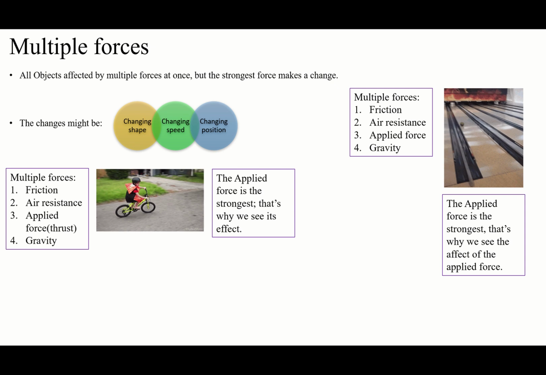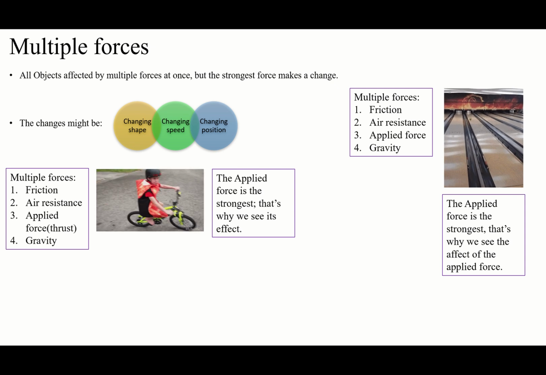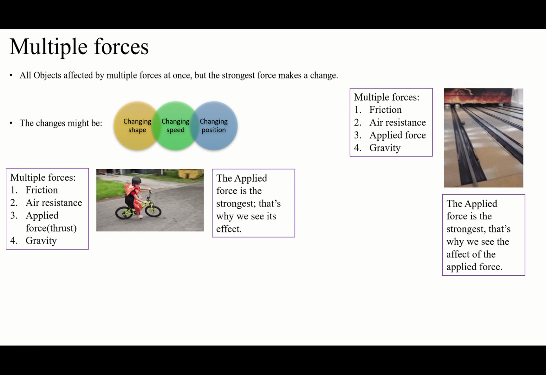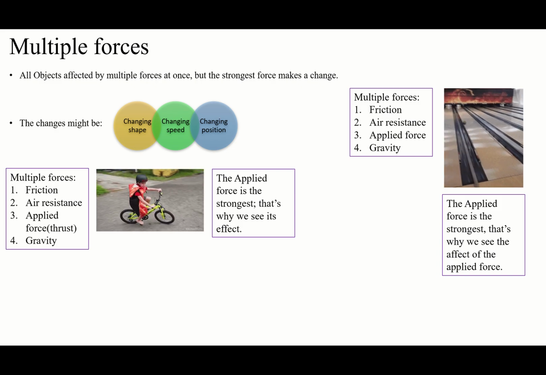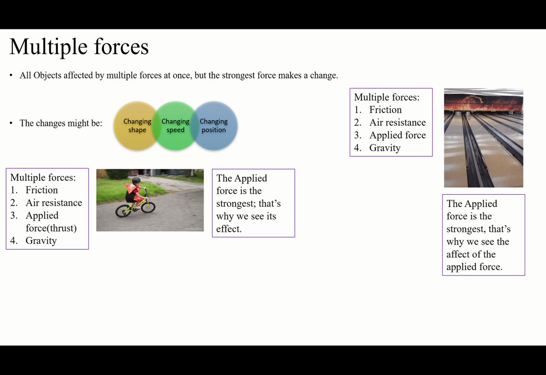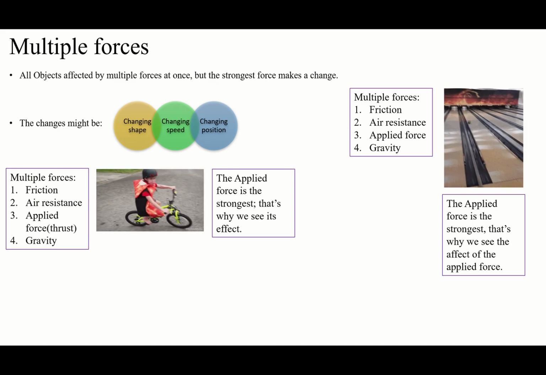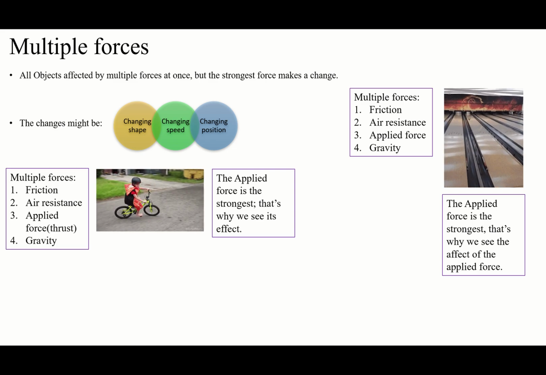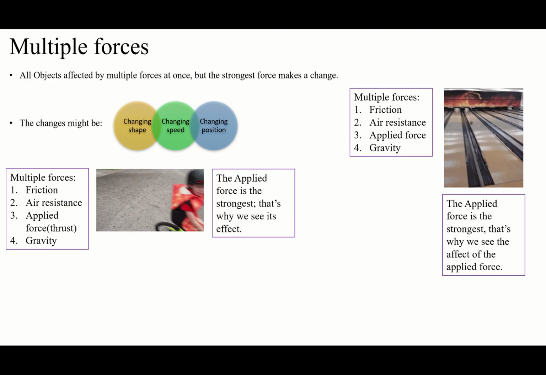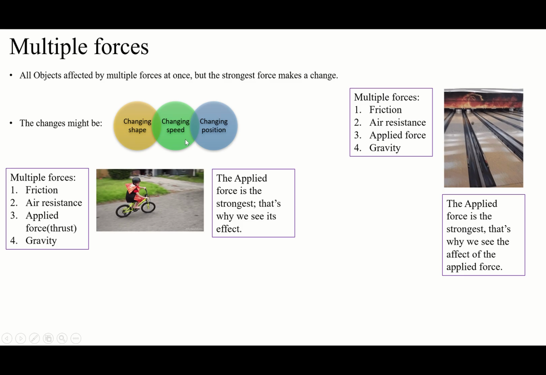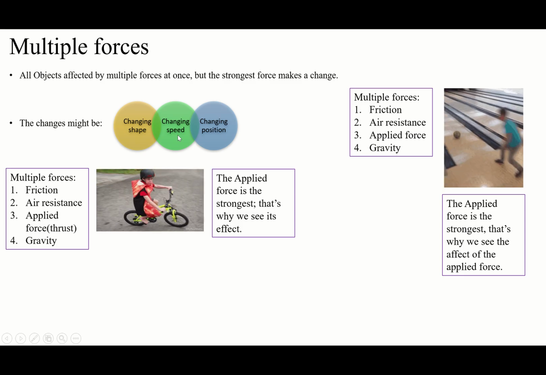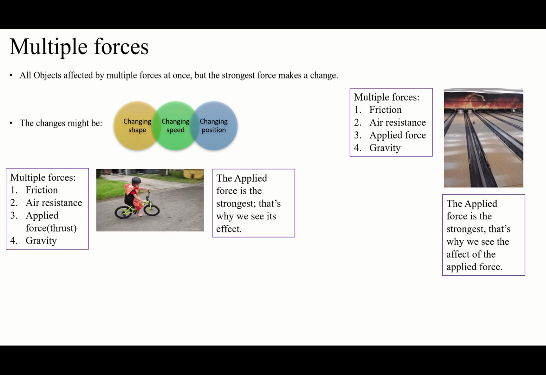For example, two people are going to push something, one from the back, one to the right, one to the left. Which one is stronger? If the person pushing to the right is stronger, the object will move to the right. Also, it might be changing speed.